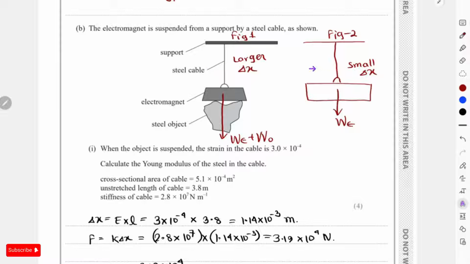In this figure too, the object is going under elastic strain energy and also under the gravitational forces. For the change in gravitational potential energy, we have to use this extension as a change in height, the weight of this electromagnet as mg, mass and gravitational force, right?